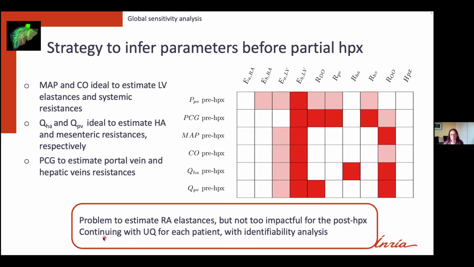Now we are continuing this uncertainty quantification analysis, not at the whole population level but for each patient. We are doing an identifiability analysis to see which other measurements we can perform in a new clinical study with our clinical partners.